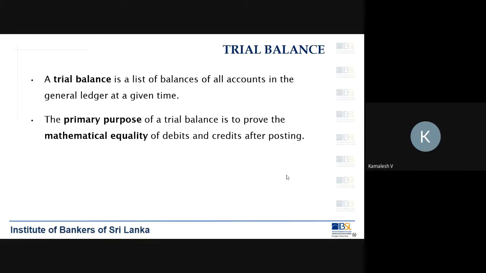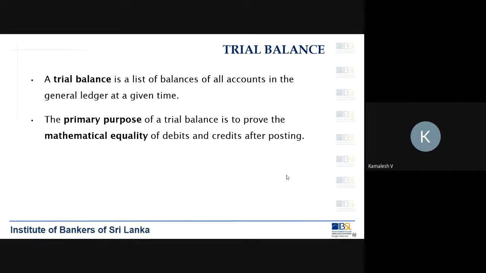Similarly, in business concerns, when we perform transactions, this is the place where we ensure the accuracy of our transactions. But when you say accuracy, it doesn't mean whether you have posted the debits and credits to the correct accounts and so on.